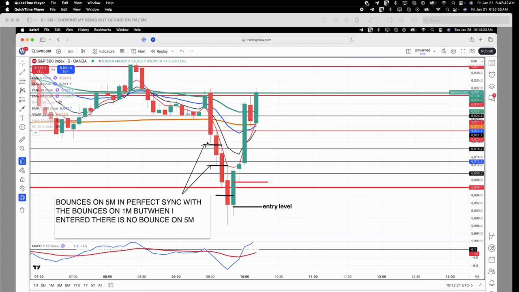You can see this bouncing level, this bar, bounces very nicely of EMA 5, the red line, and it's in sync, it's synchronistic to the bounce of EMA 9 on 1-minute chart.